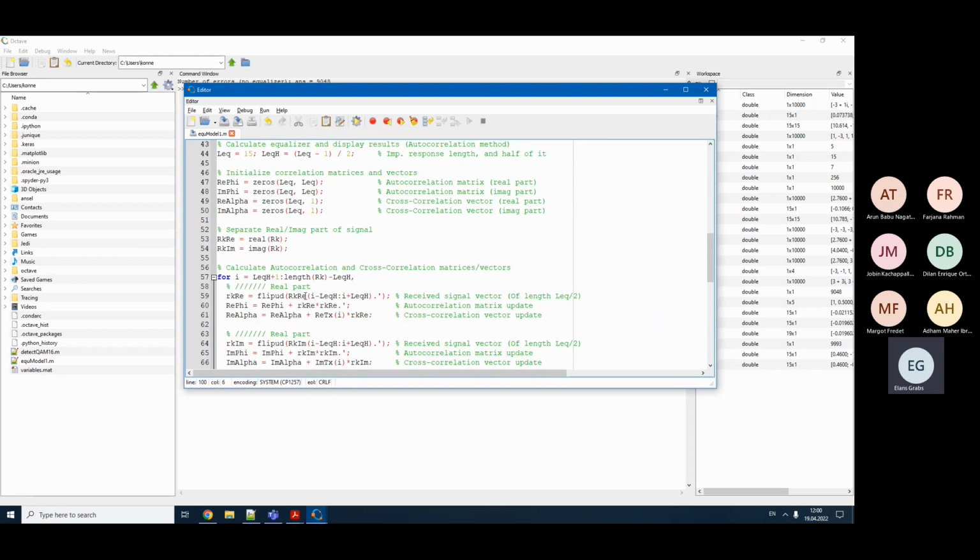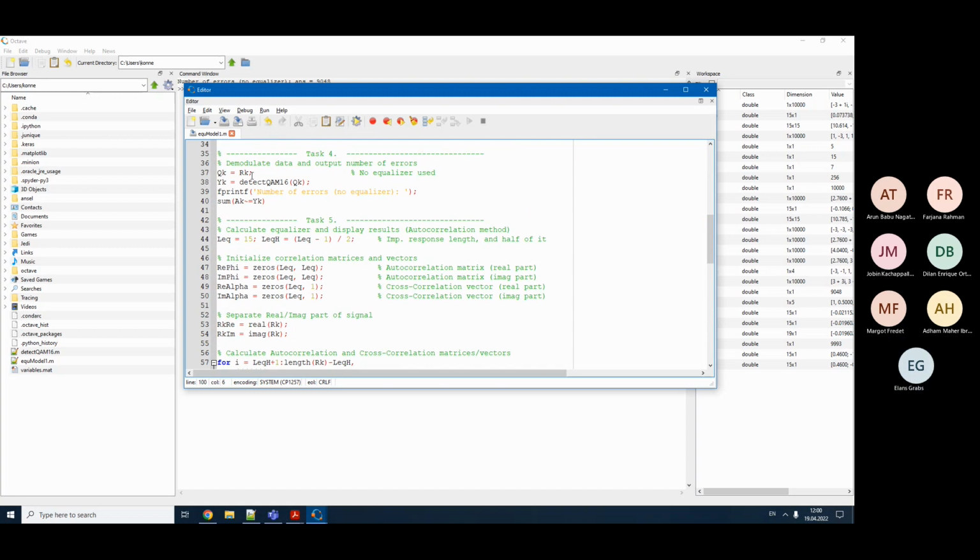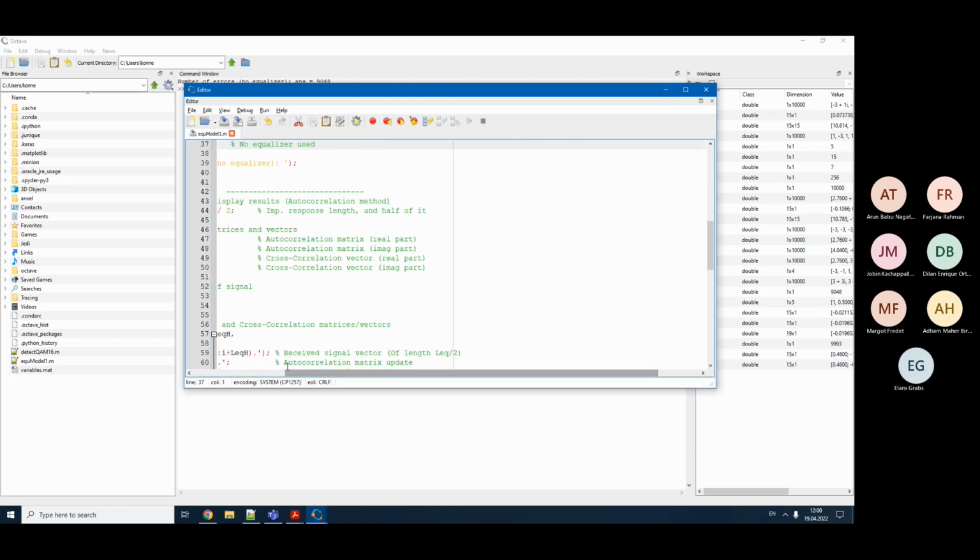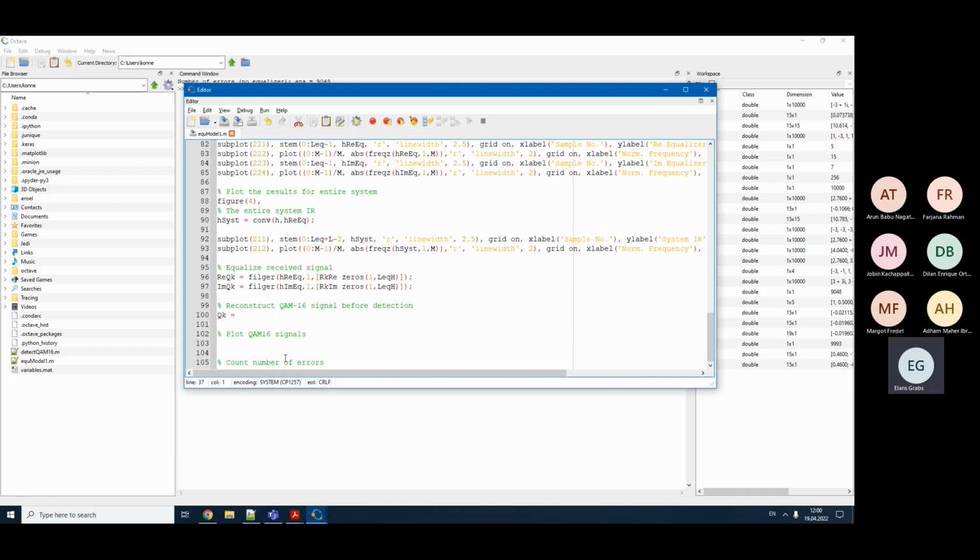Now, as you have seen here, we didn't really perform equalizing here, so here we skip that part. But now we are going to basically do the same stuff as previously. So that is going to be real QK plus imaginary QK multiplied by complex 1.